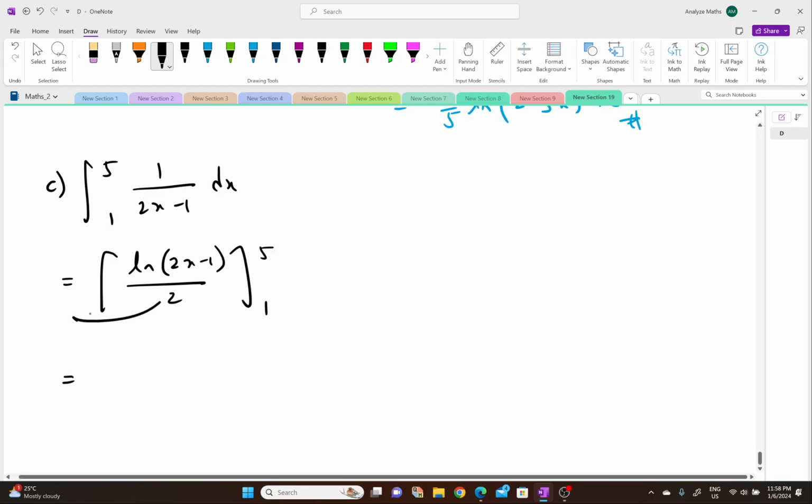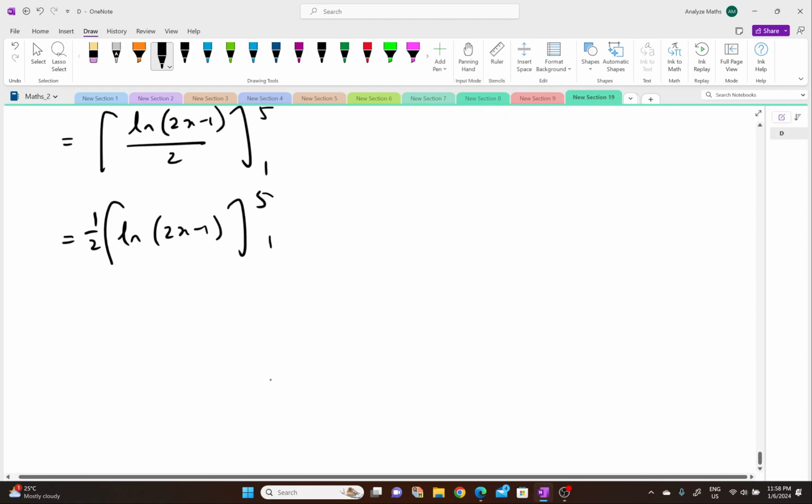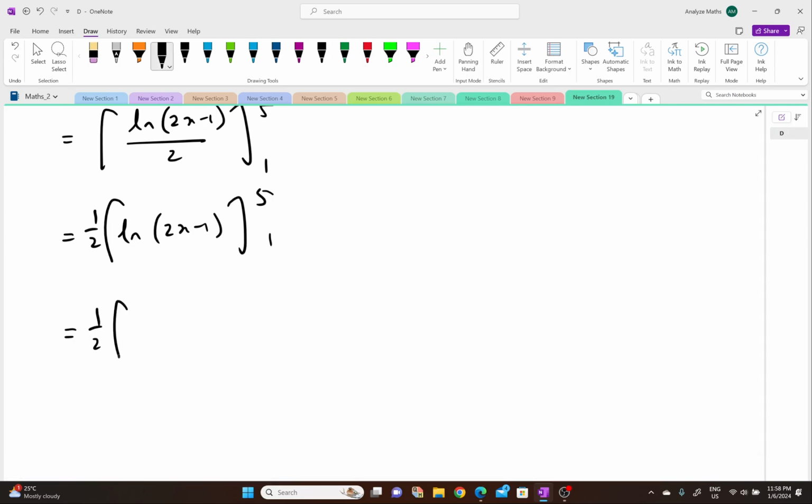You can take out the 1 over 2, or you can keep the 1 over 2. In this case, I want to take out. So if you replace 5 inside there, you will get 2 times 5.